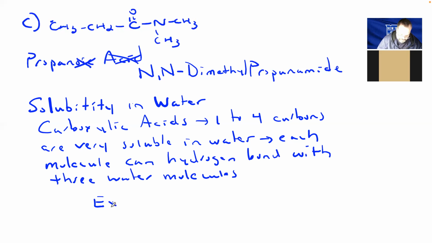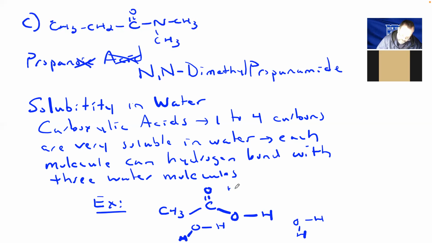Let me show you an example. Consider ethanoic acid. Remember, carboxylic acid is probably one of the most, if not the most polar type of organic compound that you have, because essentially all 4 atoms of a carboxyl group have charges associated with them.